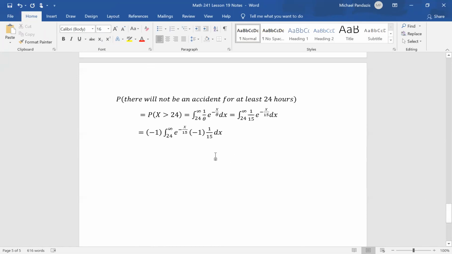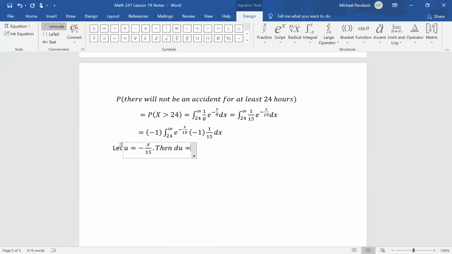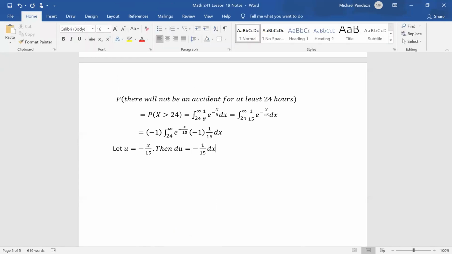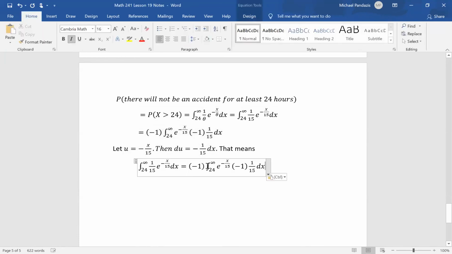The reason is because when you use substitution, we let u equal negative x over 15. Then du is equal to negative 1/15th dx. That means that this integral is equal to this integral, just multiplying the inside and outside by -1 and putting the 1/15th here.